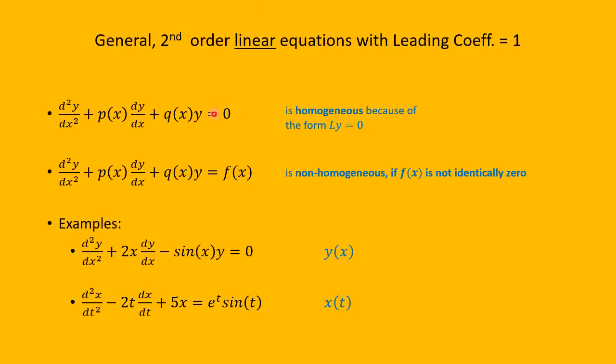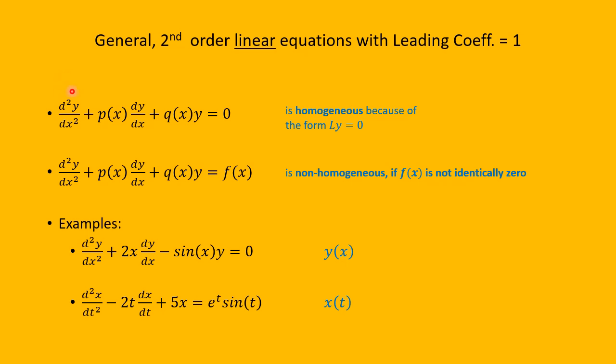Much later, we will look at the homogeneous second order linear equation in more general form, but right now we're going to just look at an equation of this form. It's second order, since the highest derivative is the second derivative right here.